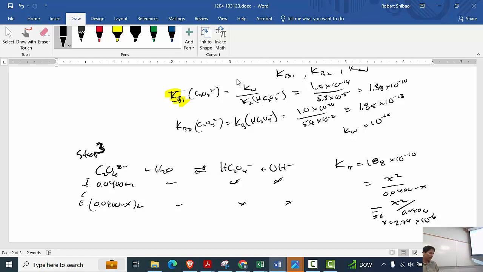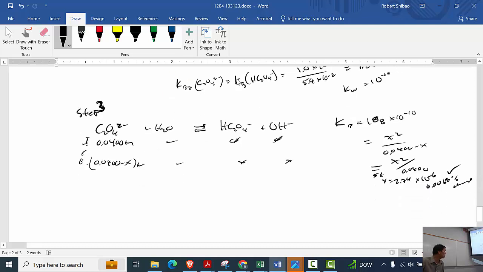Divided, I'm going to take that and divide it by 0.04 times 100. And this comes out to a 0.0068% change. That's less than 5%, much less than 5%, so the simplifying assumption is good here.